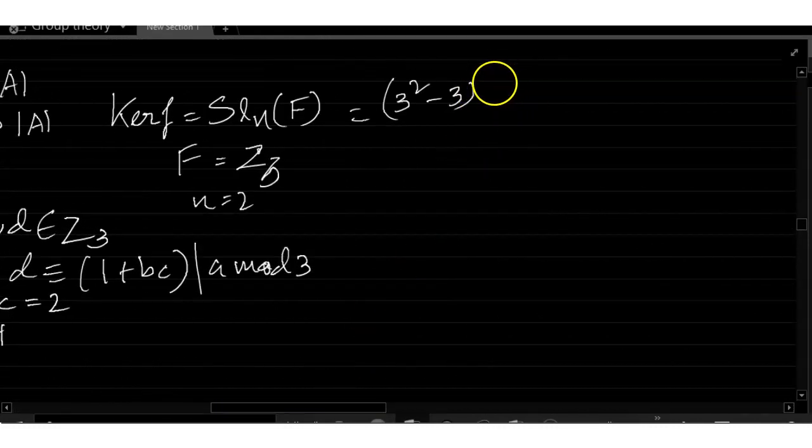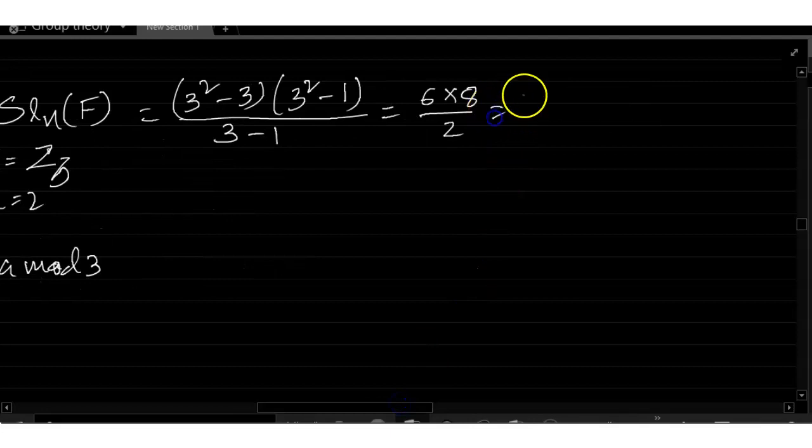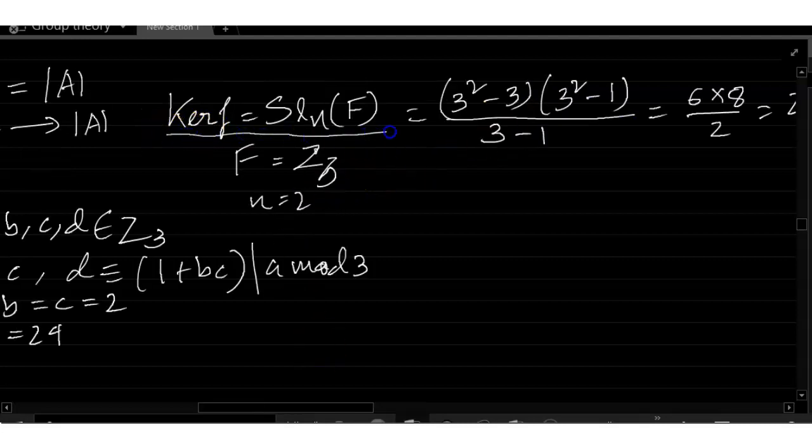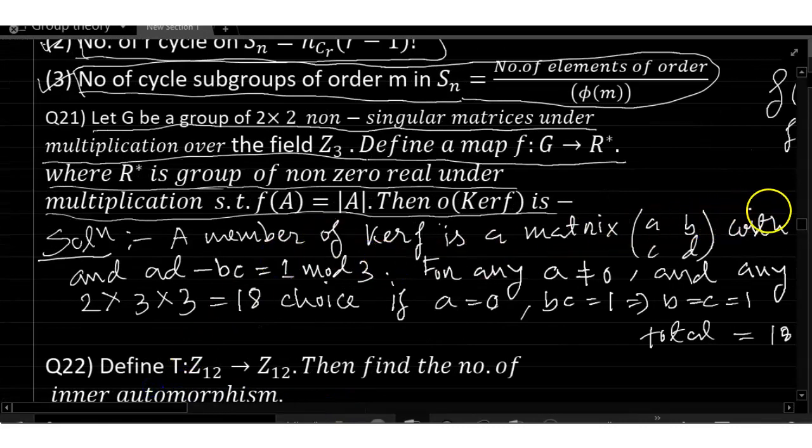So 3 square minus 3 into 3 square minus 1 divided by 3 minus 1. So this value is 6 into 8 divided by 2, so this value equals 24. So kernel f is equal to SL(2, F), meaning determinant of A equals 1. So this way you can find out this problem.